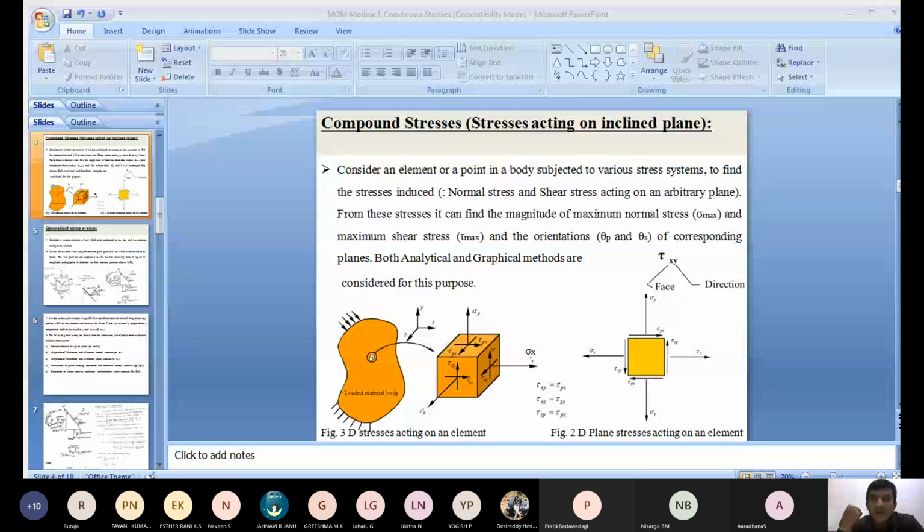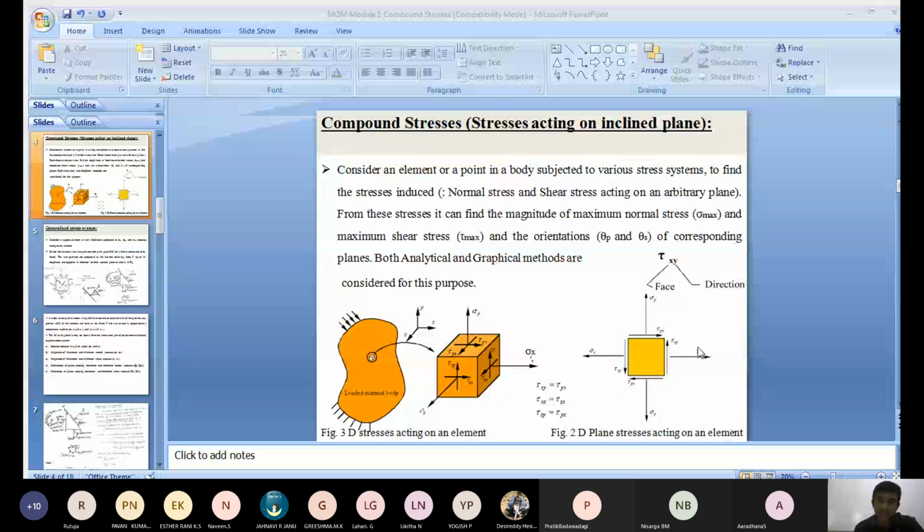Component stresses means those stresses acting along the coordinates: along the x coordinate, the normal stress is sigma x; along the y coordinate or y axis, the normal stress is sigma y. On the x plane in the y direction, or on the y plane in the x direction, the shear stress is tau xy, right? Those are called component stresses.